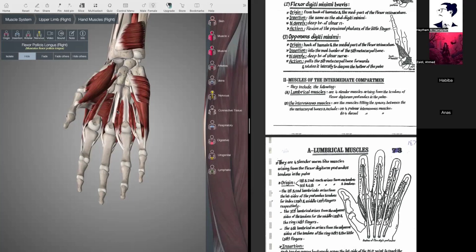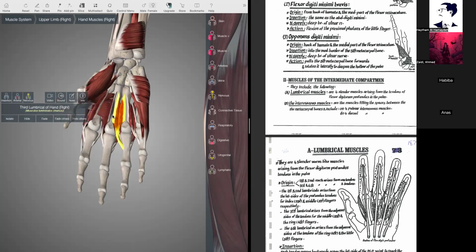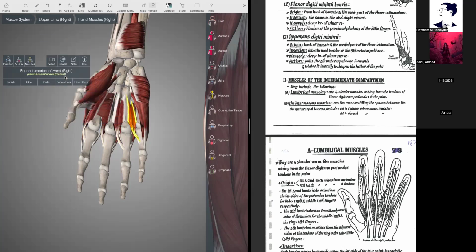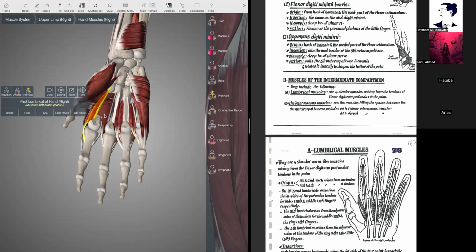They arise from there. These are the lumbricals: first, second, third, and fourth. There are four, and they're the first group of the intermediate.